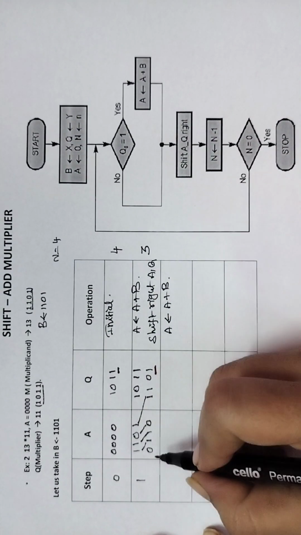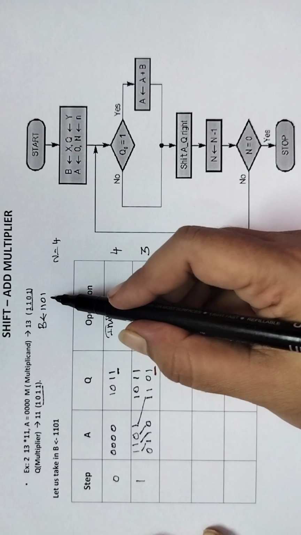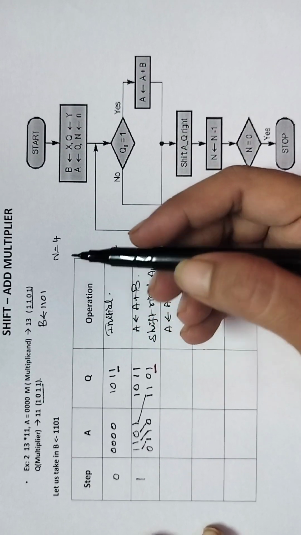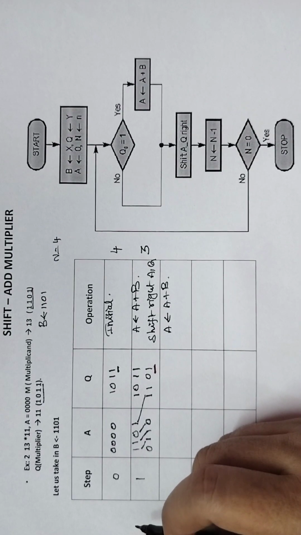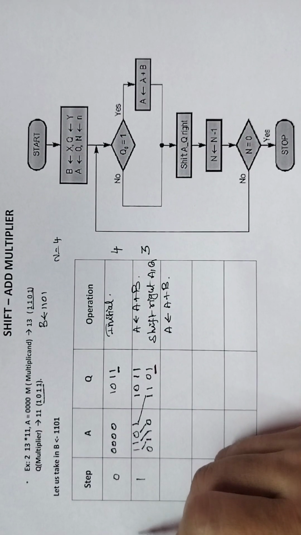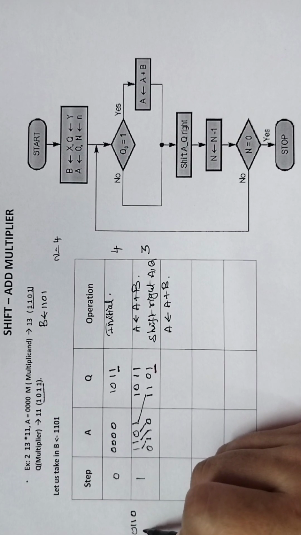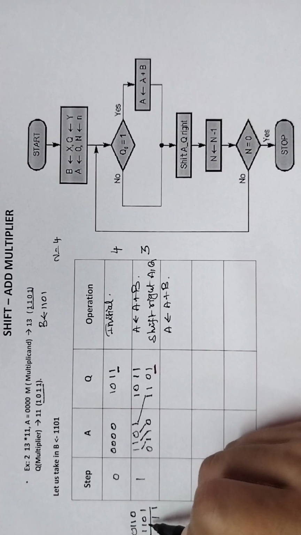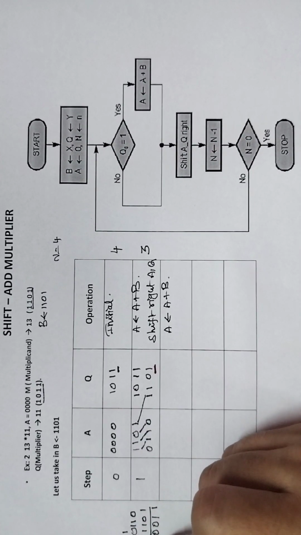What is A? 0110. And what is B? 1101. When we add them, what is the result? 0110 is added with 1101, and we get 0011 with a carry of 1, and this carry is the one that will be discarded.